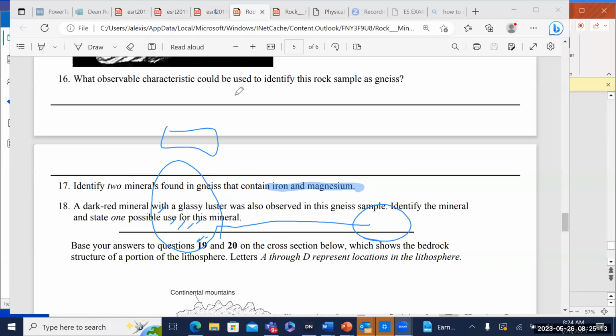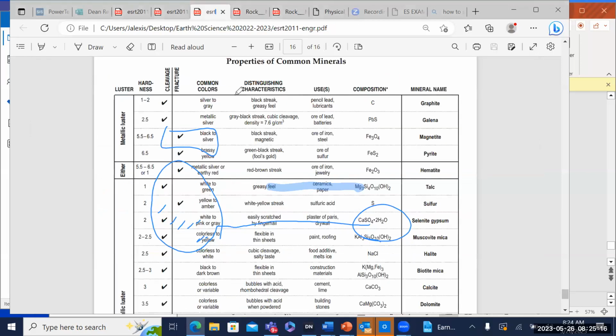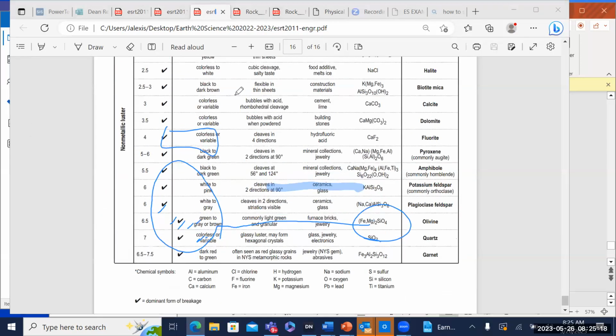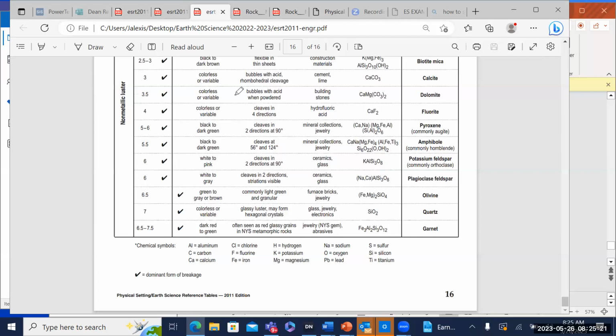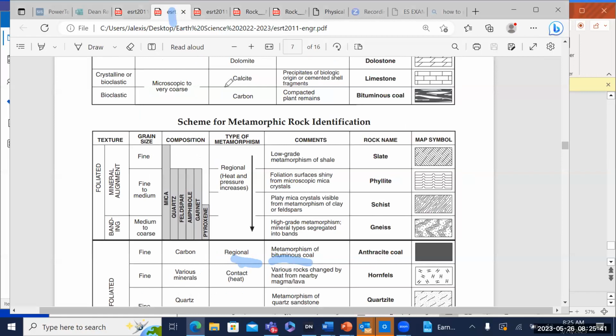All right. That means we have to go to our reference tables, and we're going to look for iron, Fe, and magnesium, Mg. Remember, there were 6 minerals. What were the minerals that were given again? It was mica, quartz, feldspar, amphibole, garnet, and pyroxene.